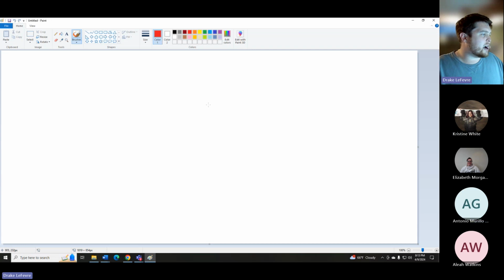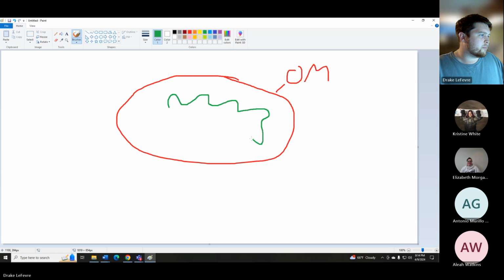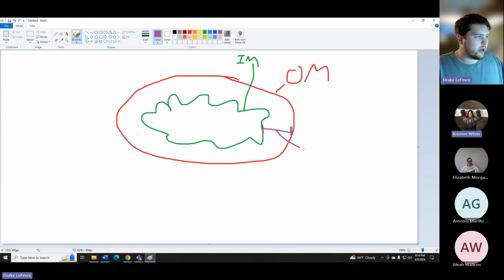Okay, so remember what the mitochondria is set up like. We have an outer membrane. This is our outer membrane. We have an inner membrane. This space right here between the two membranes is called what?